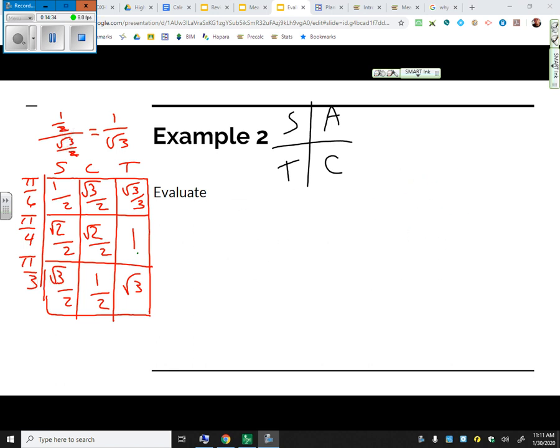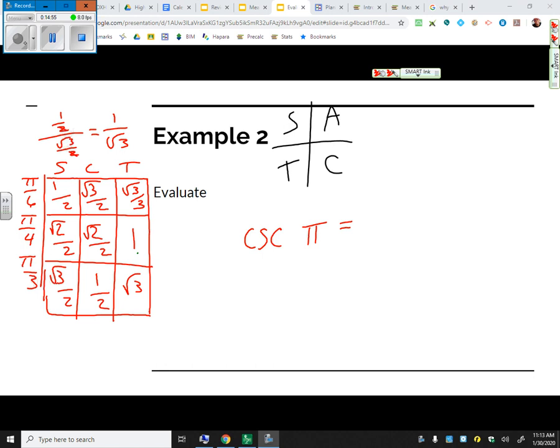Let's do a couple more. I'm going to try to throw you off. Let's do cosecant of pi. Have a discussion with your neighbor about that.